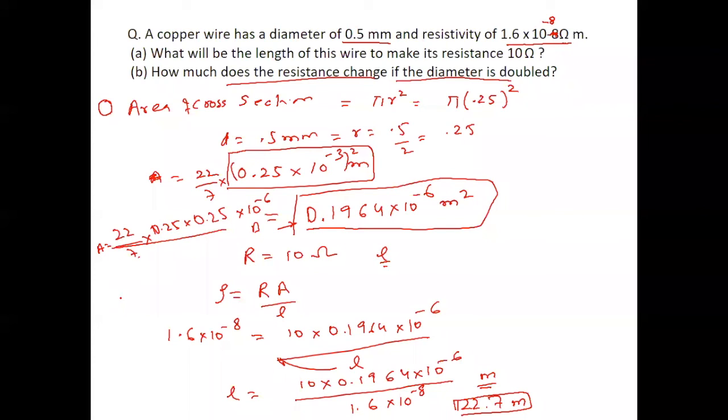When the diameter of wire is doubled, then its resistance will become 1 by 4. Right?